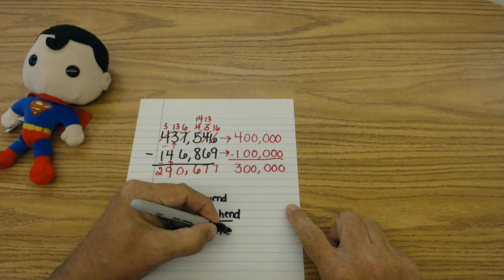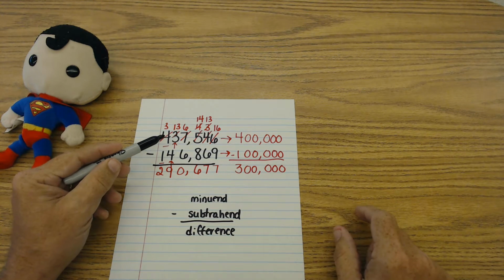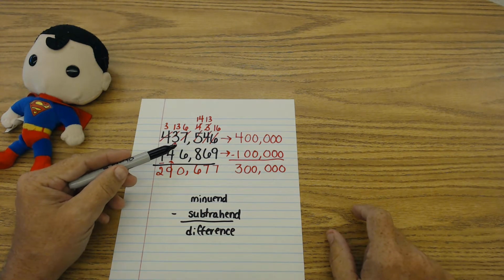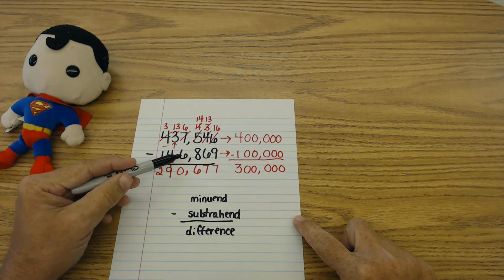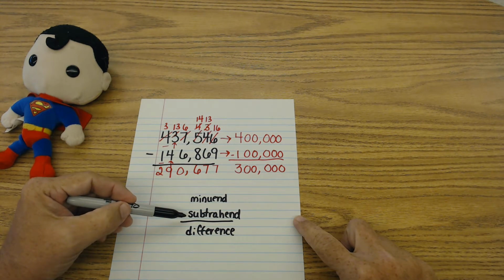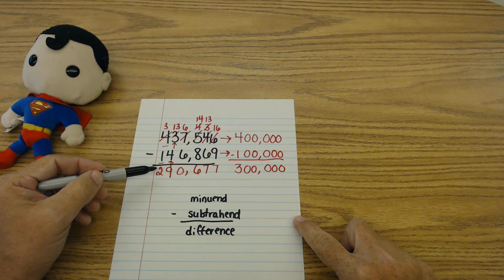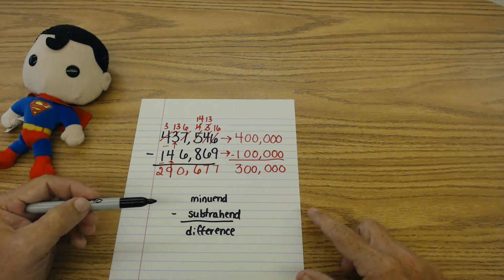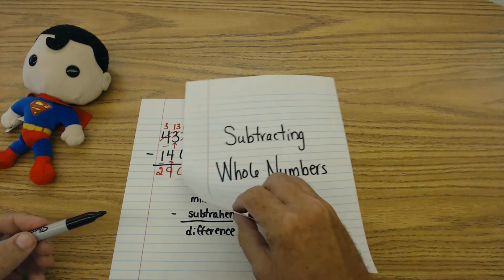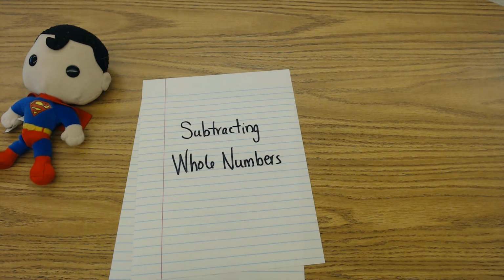So in our sample problem here, 437,546 is the minuend. 146,869 is the subtrahend, and our answer, 290,677, is the difference. This is subtracting whole numbers in 4th grade.